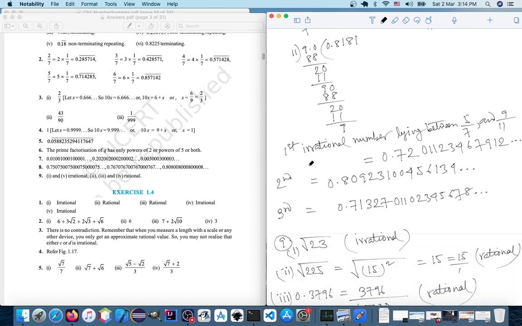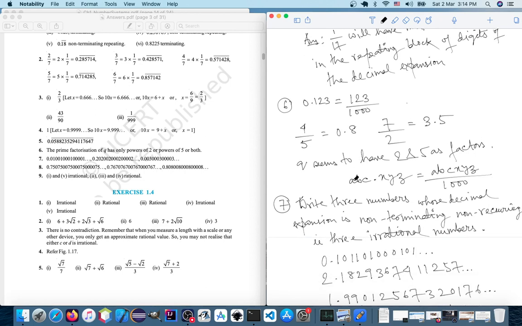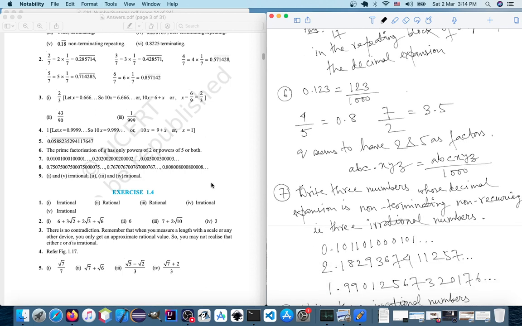Anyway, this is not a problem. Let's see number 7. Write three numbers whose decimal expansion is non-terminating, non-recurring. Okay, so I gave this thing. Mine is also right. The answer is also right. For 6, it says the prime factorization of q has only powers of 2 or powers of 5 or both. I guess pretty much that's what I said for 6.